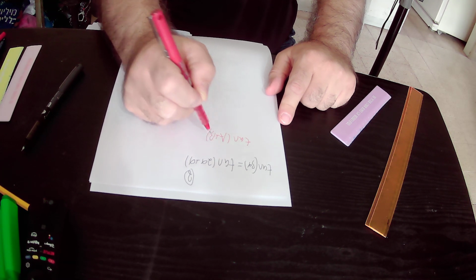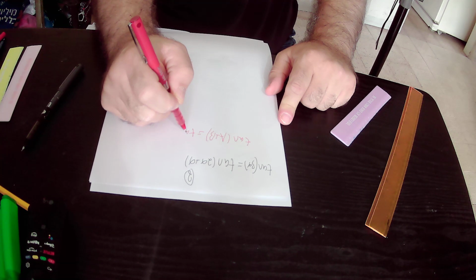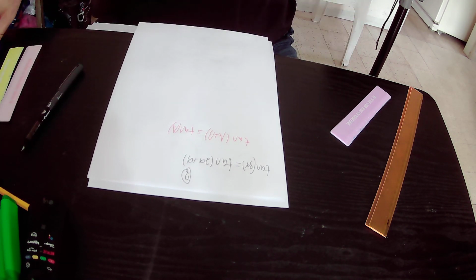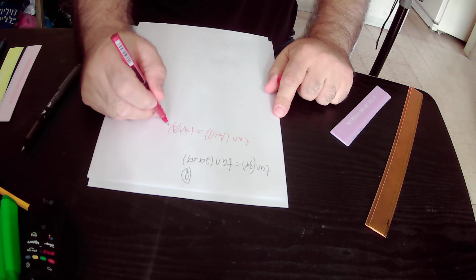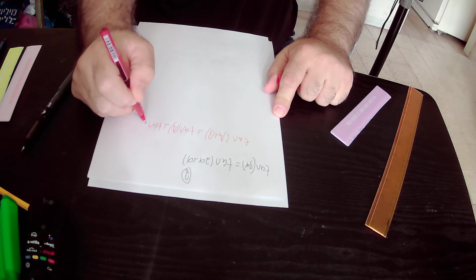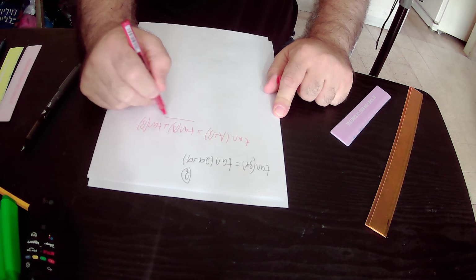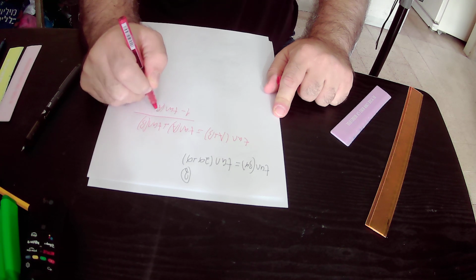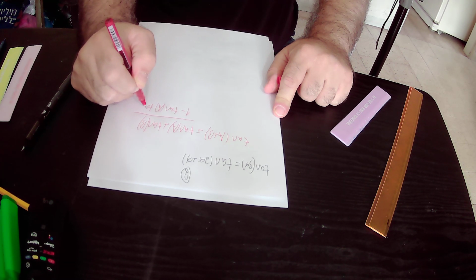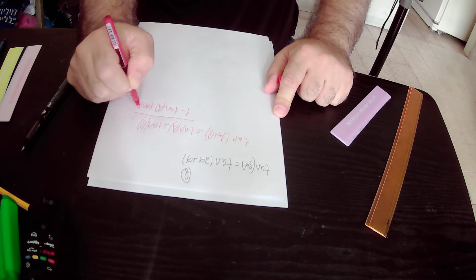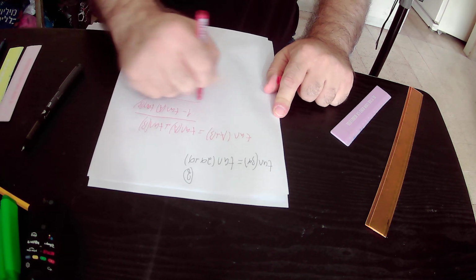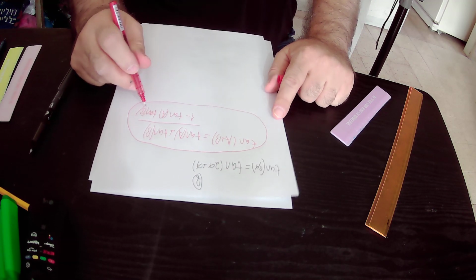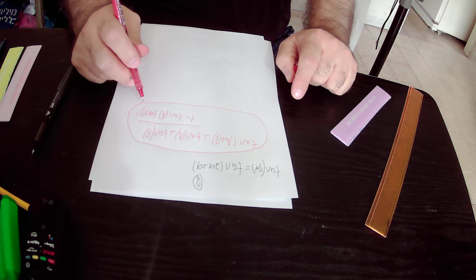Tangent of a plus b equals tangent a plus tangent b over 1 minus tangent a times tangent b.